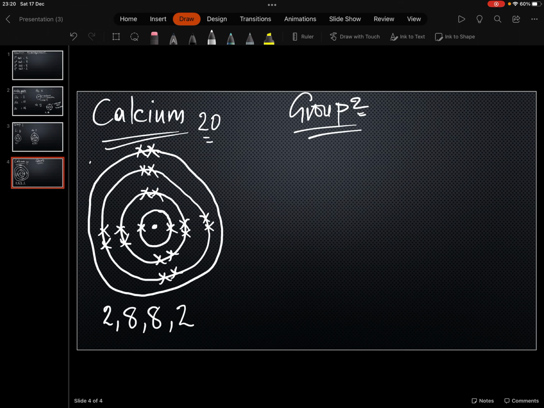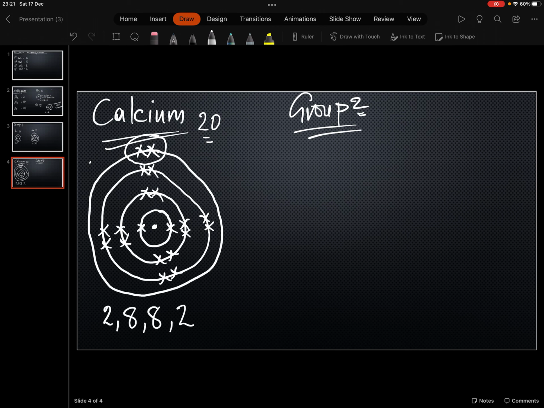These 2 electrons that calcium has right here make calcium unstable. Calcium will readily give away these 2 electrons, and an element that it would readily give them to would be oxygen. Oxygen needs 2 electrons, right?